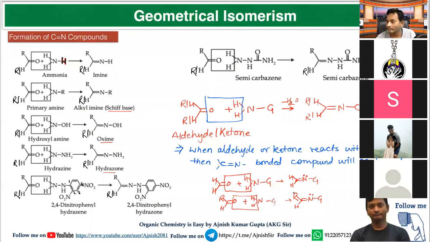That means when symmetrical aldehyde reacts with NH2Z, it forms a compound that will not show geometrical isomerism. But when unsymmetrical aldehyde reacts with NH2Z, it will form a compound that will show GI.